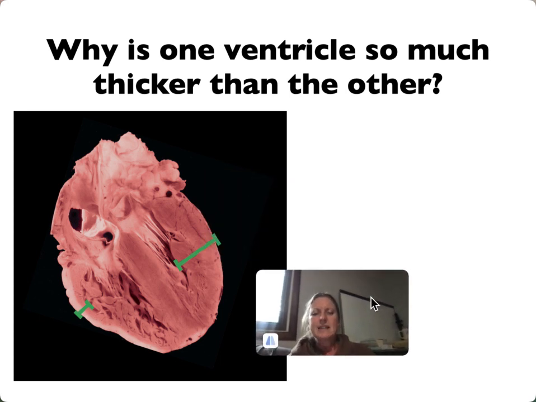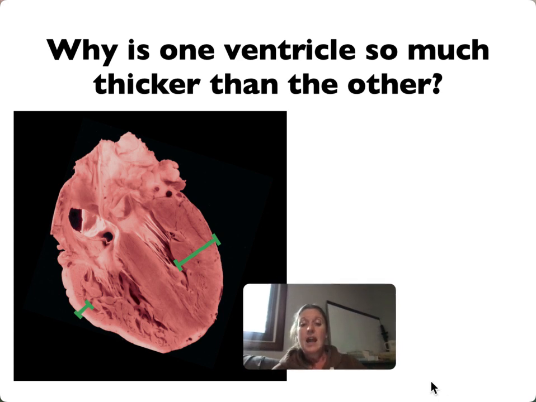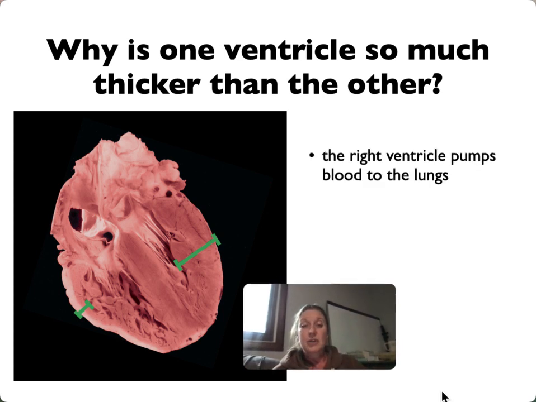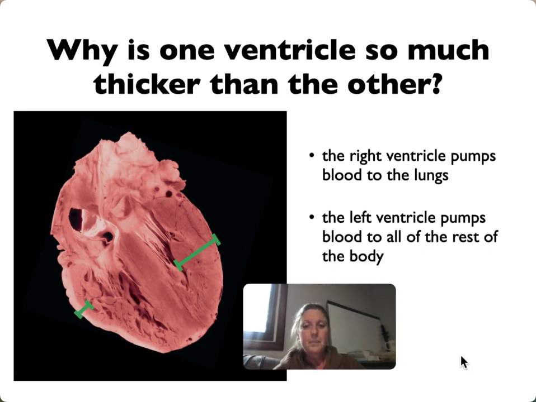Now, this is a picture of a real human heart. And if you'll notice, the walls of the ventricles are not the same thickness. So it makes one wonder, why is one ventricle so much thicker than the other? And the reason is that the right ventricle pumps blood to the lungs right next door, right? We don't even have to travel very far, so it doesn't require a lot of pressure.